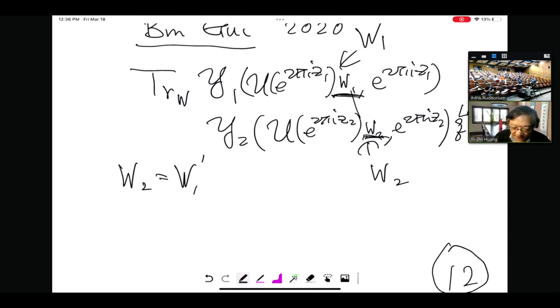Now, I want to say that for high genus, the only problem we actually need to prove is this convergence. For genus 0, we have to prove the associativity, which is one of the fundamental things we have to prove. For genus 1, we have to prove modular invariance.